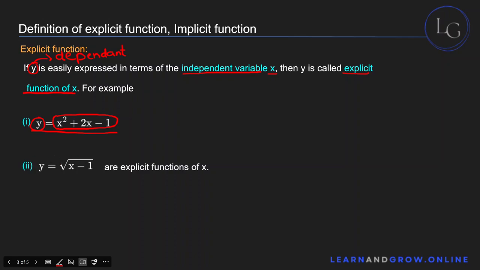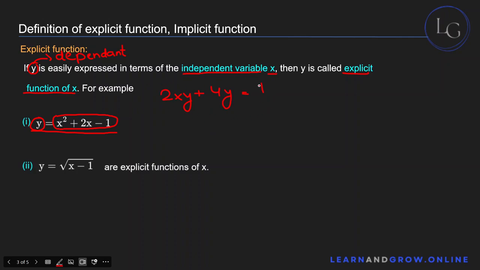So for example, if you had, say, a function, and let's say that's 2xy plus 4y is equal to 1.